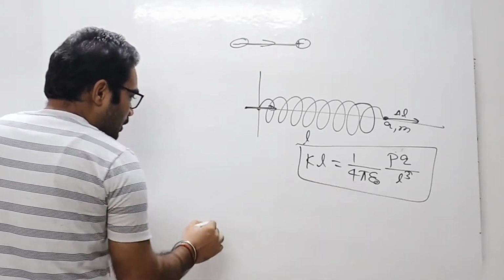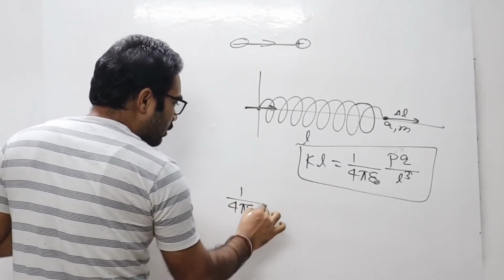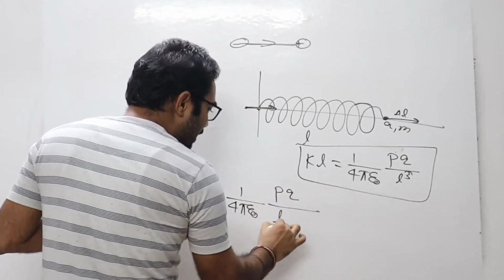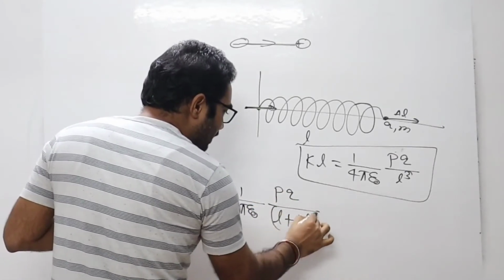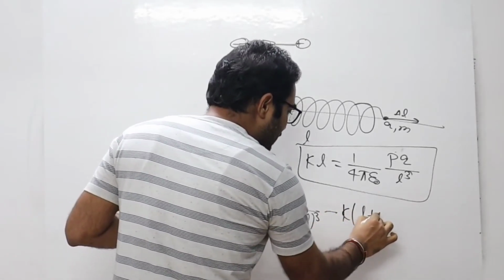Now the net force is the electrostatic force, 1 by 4 pi epsilon naught p q by L plus delta L to the power 3, minus K into L plus delta L.